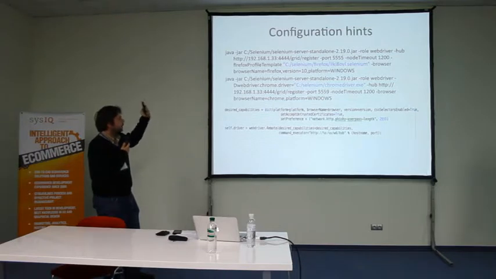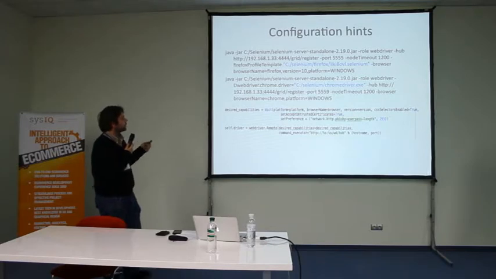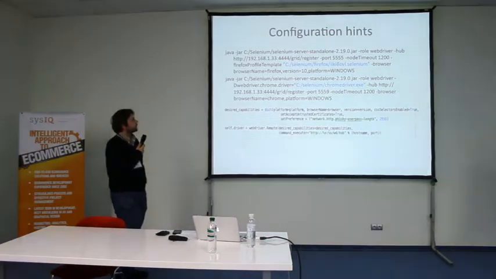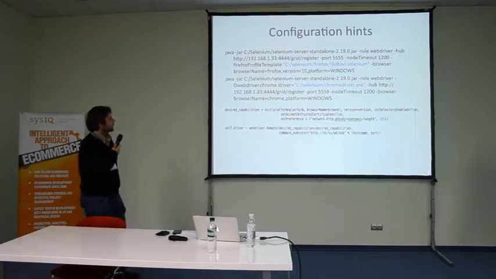So I could test specifically on this version and no other. And the Chrome driver should also be placed in a separate directory. When I say that I want Chrome on Windows, it will run on this machine.